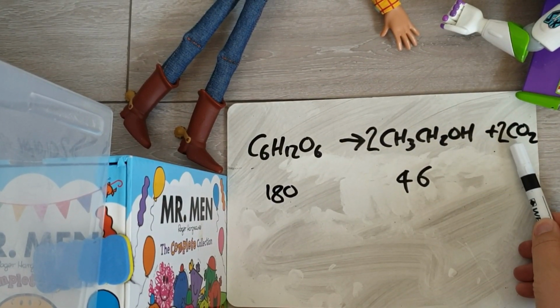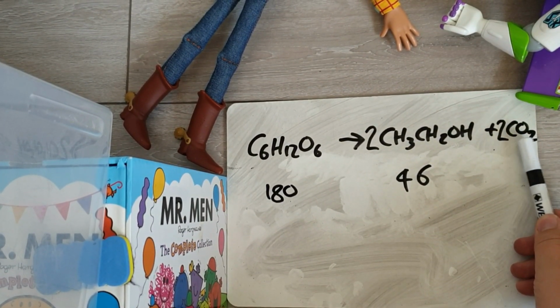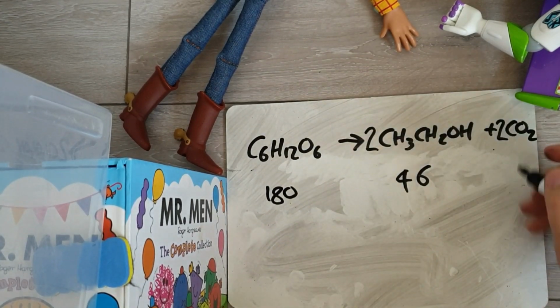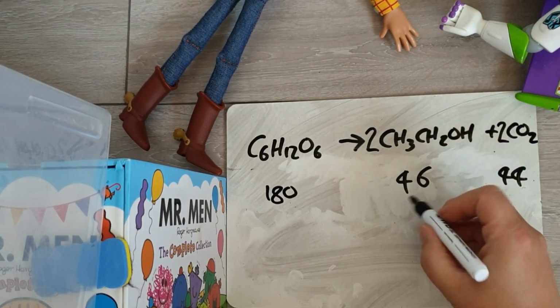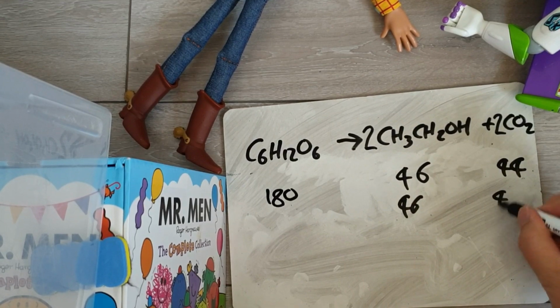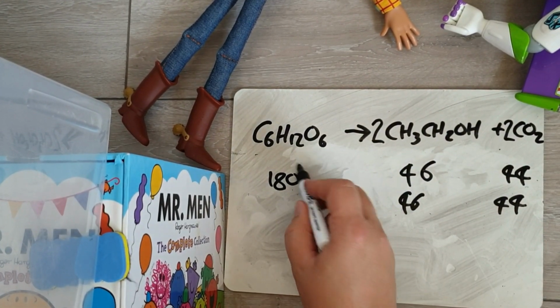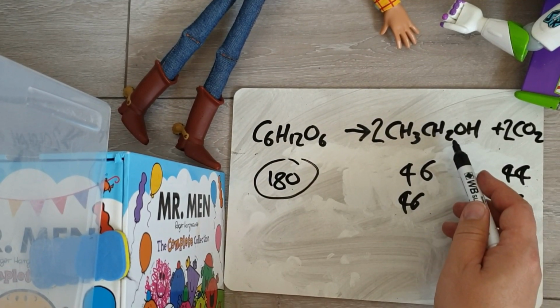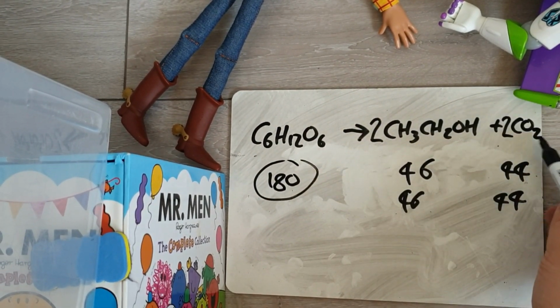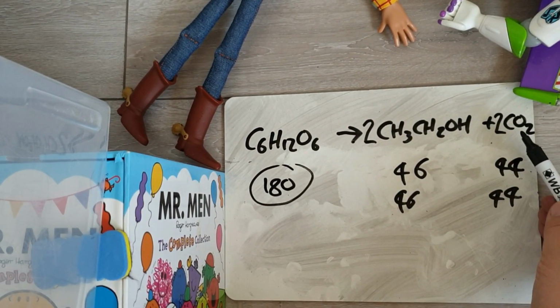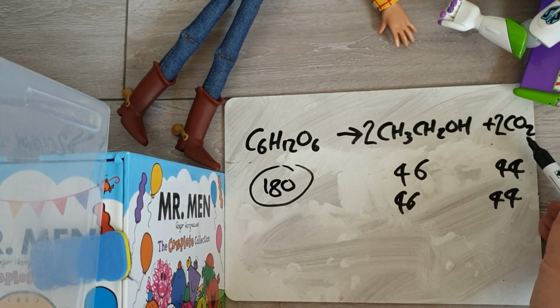CO2, C is 12, O is 16, so it's 12 plus 16 plus 16, so that is 44, but we've got 2 lots of 46 and 2 lots of 44. So the total we're putting in is 180. This is useful, the ethanol, because that's why we're doing it. And then because Jeffina's opened her fire extinguisher factory, that is now useful as well.